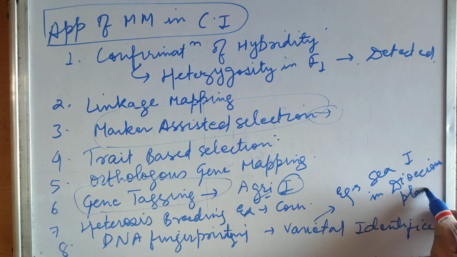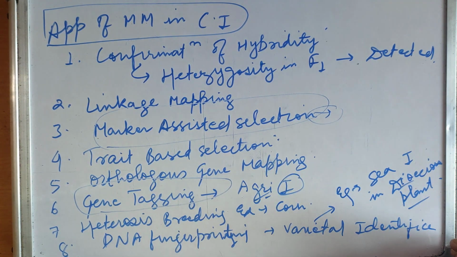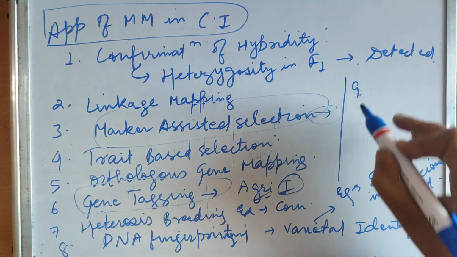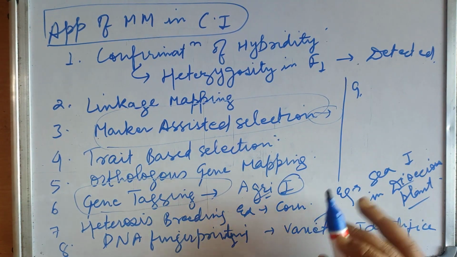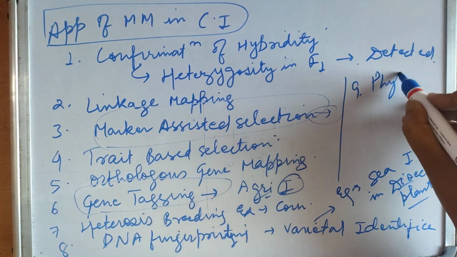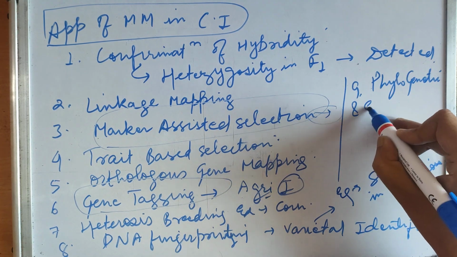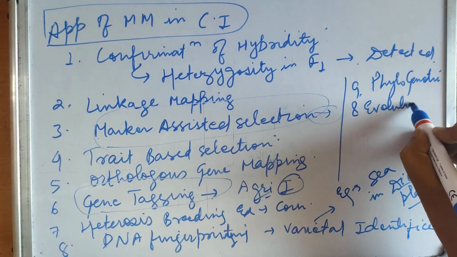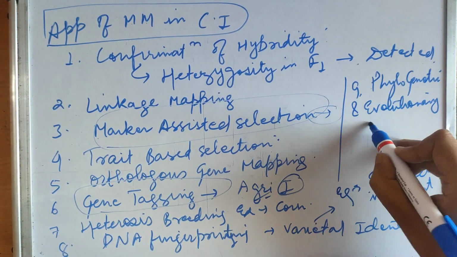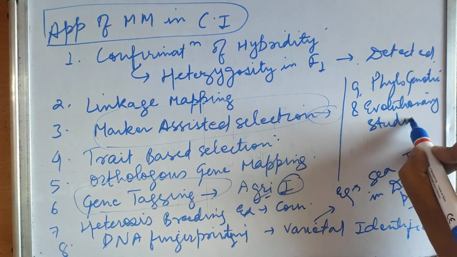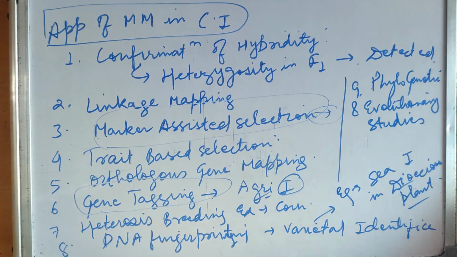You all know what monoecious and dioecious plants are. So in dioecious plants we can identify sex. It can also be helpful in phylogenetic and evolutionary studies. This is number 9. So this was the application of molecular markers in crop improvement.